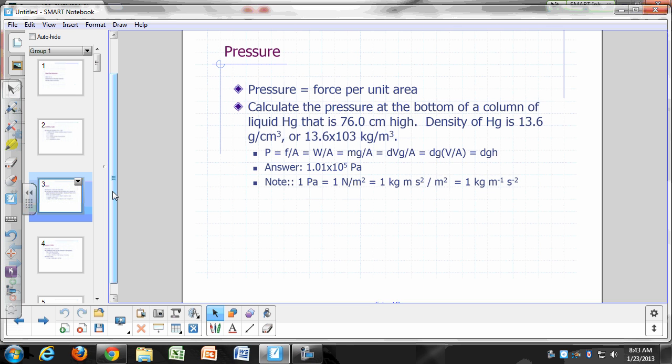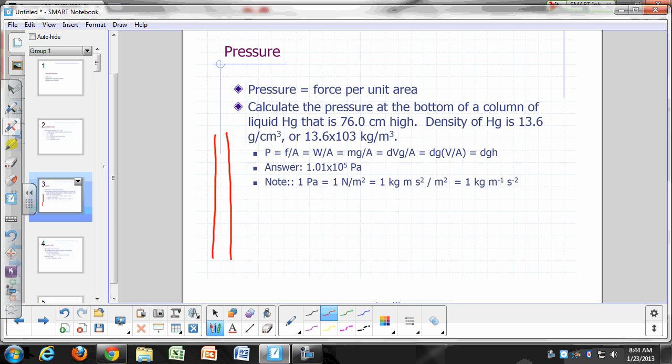Okay, so let's just talk about the pressure due to a column of liquid. Let's say you have a column of mercury that's 76 centimeters high. If you're at the bottom of that column, so if that column is on top of you, how much pressure would you feel?